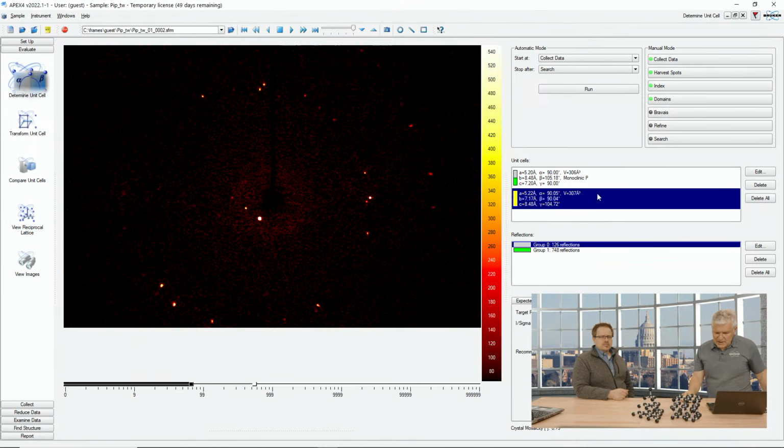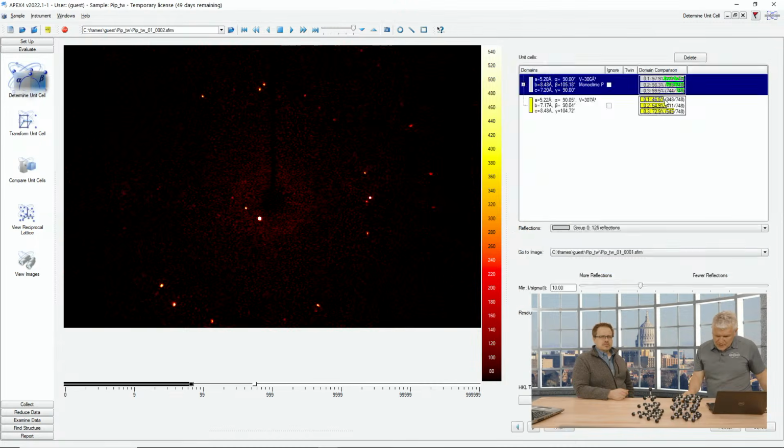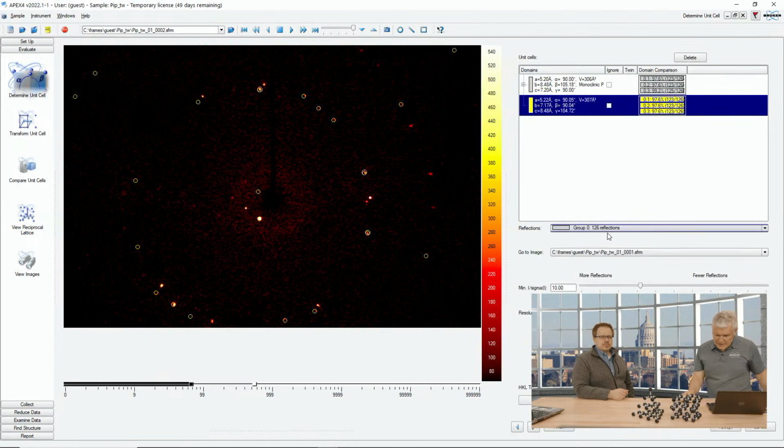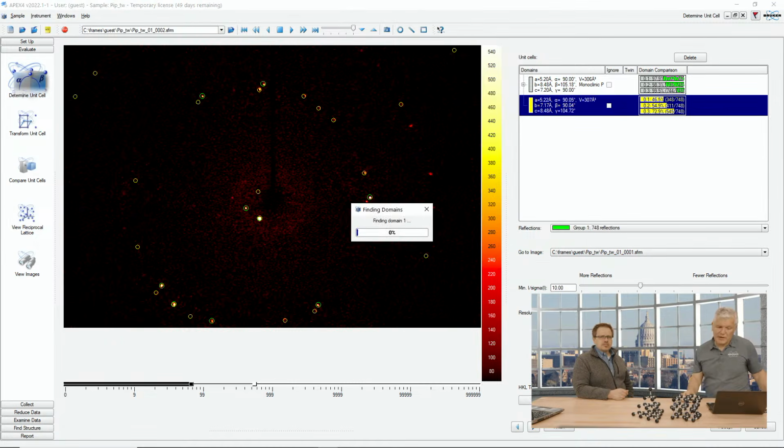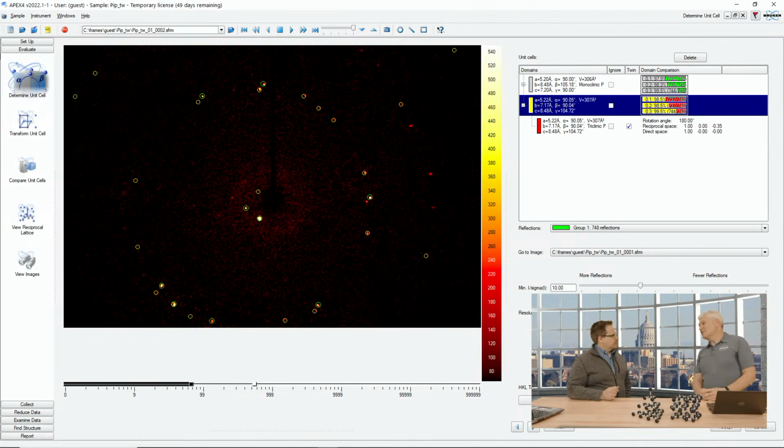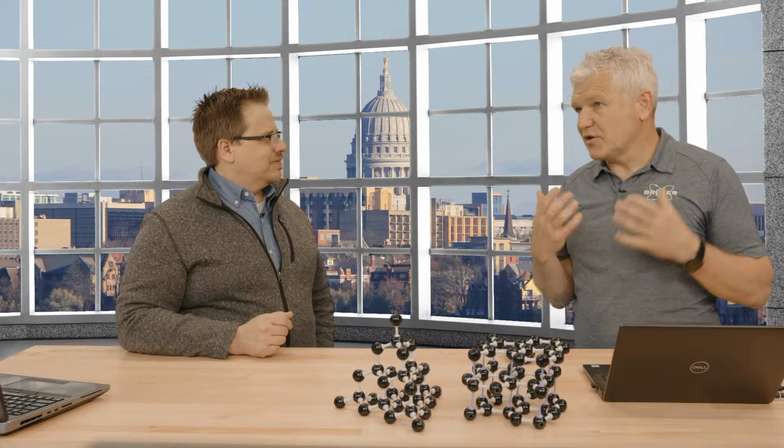Again, we say in the yellow, use the yellow unit cell, and again search in the green reflection bin, search for another domain, and it should do the same thing. There we go. So this is basically just the first step to being able to determine the unit cell.